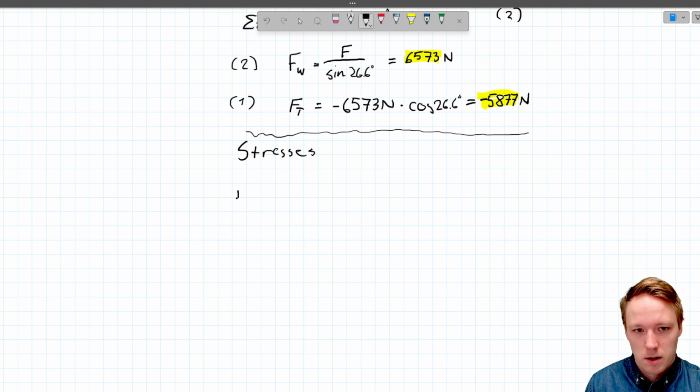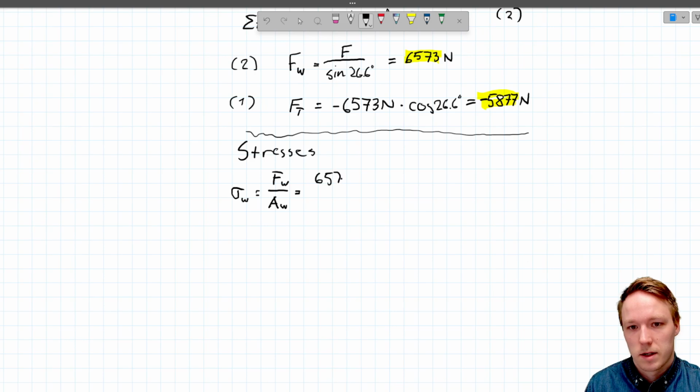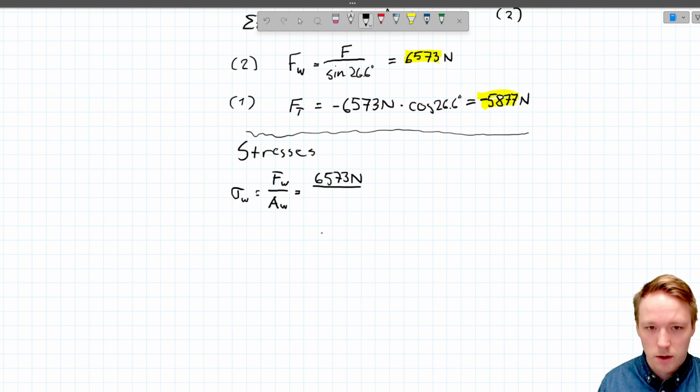So sigma for the wire is the force F wire divided by the cross section area of the wire, equals to 6,573 newtons divided by cross section area of the wire.